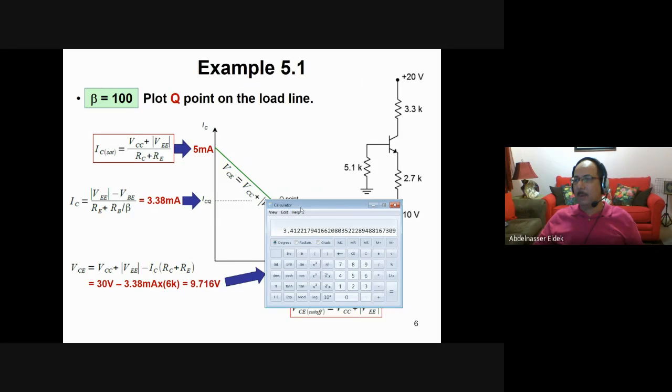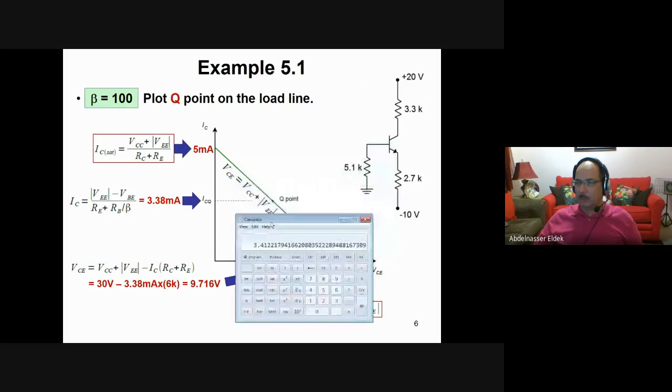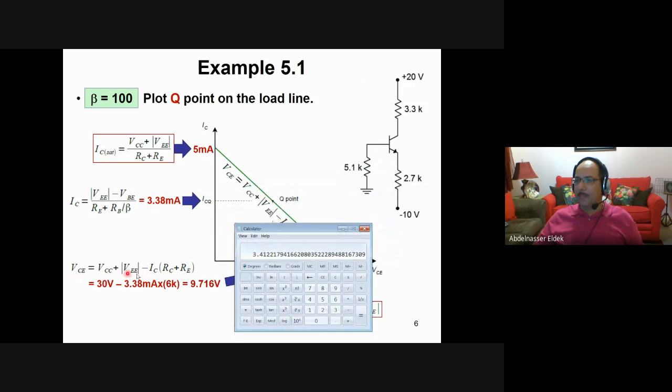Now what will happen to the voltage? Let us see. Now VCE equals VCC plus VE, which is 30 volt, minus this current here times RC plus RE.